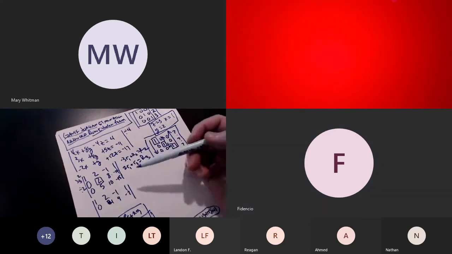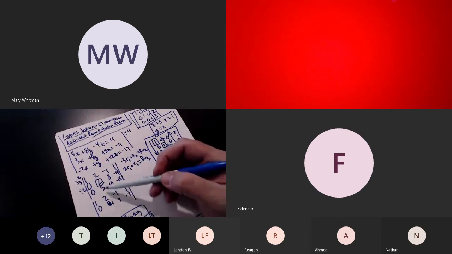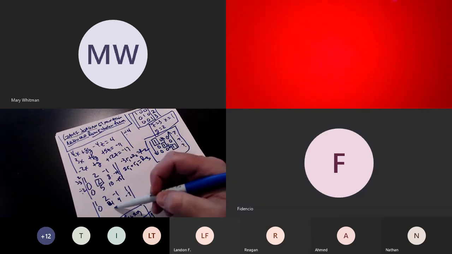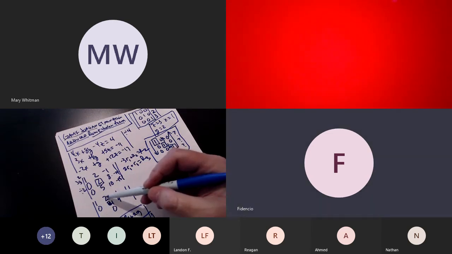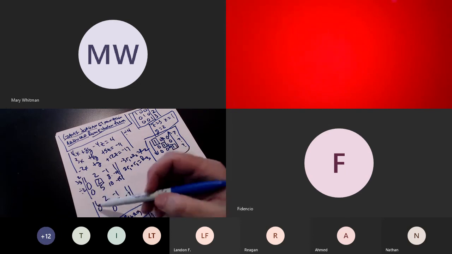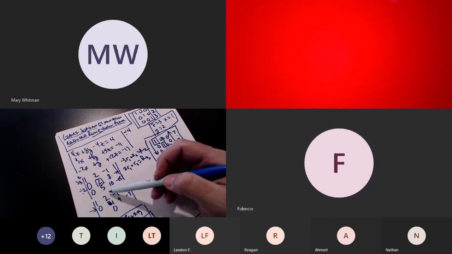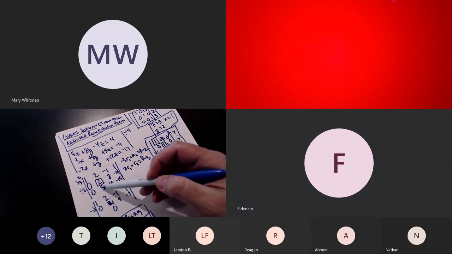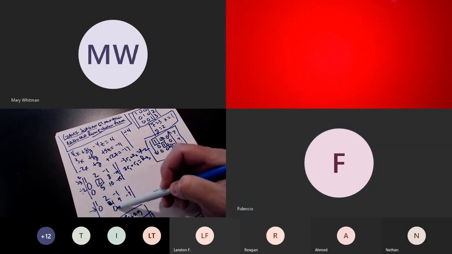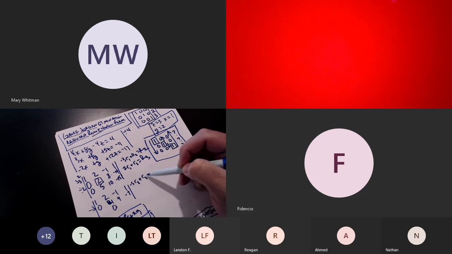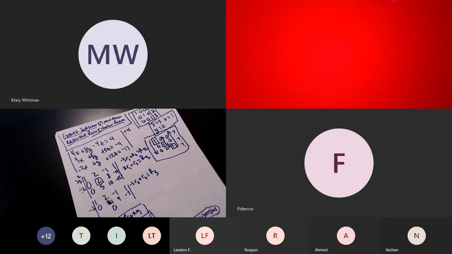Now, I've got a 1 here, and I need to turn this into a 0, and I need to turn that 2 into a 0 eventually. Okay? So now I'm using row 2. The easiest way to turn this 5 into a 0 is to take -5 times row 2 plus row 3. I'm going to put the result in row 3. Does that make sense? Okay.